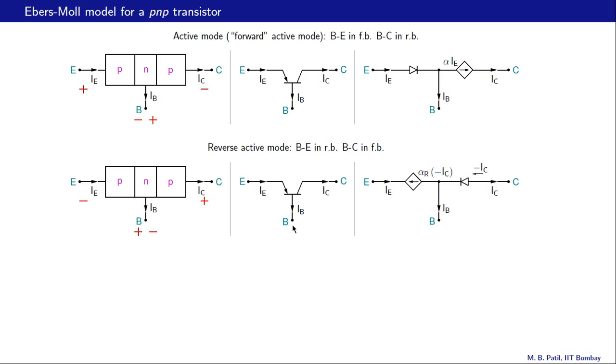And now what we do is, since this is under forward bias, we put a diode there, and since the base emitter junction is under reverse bias, we put a current controlled current source there. If this current is minus IC, this current is alpha R times that current, as shown there.